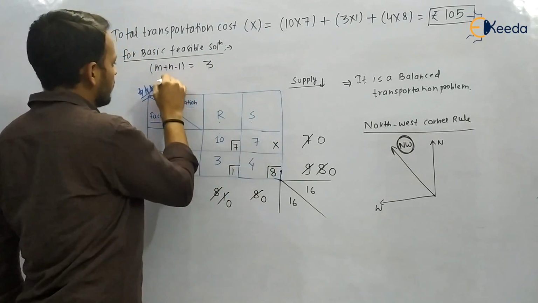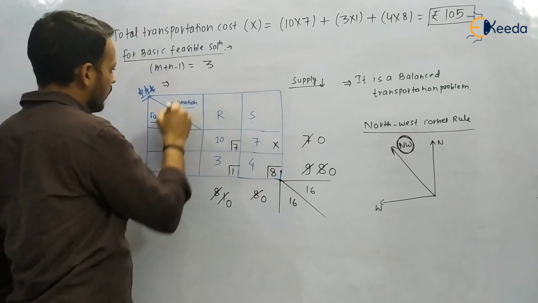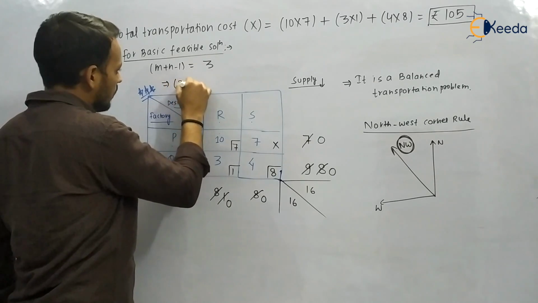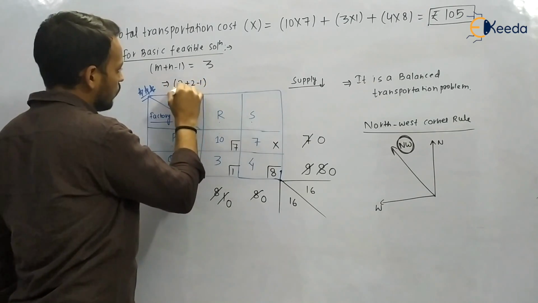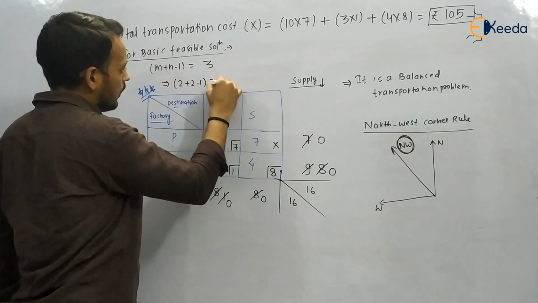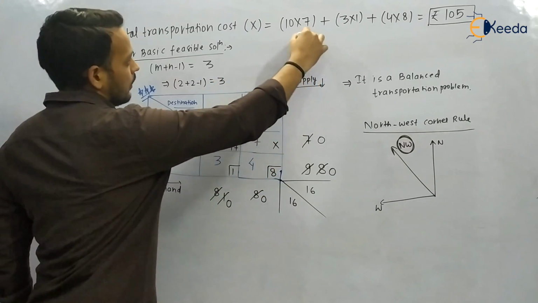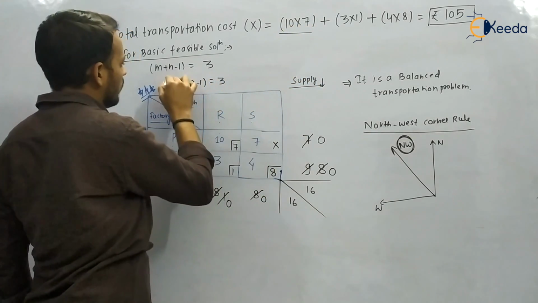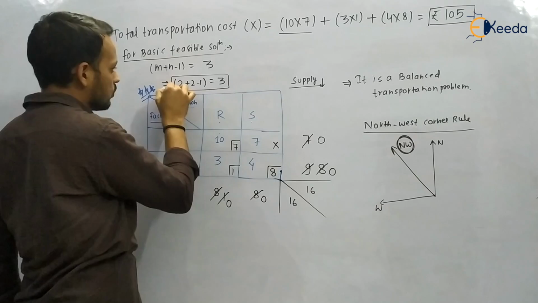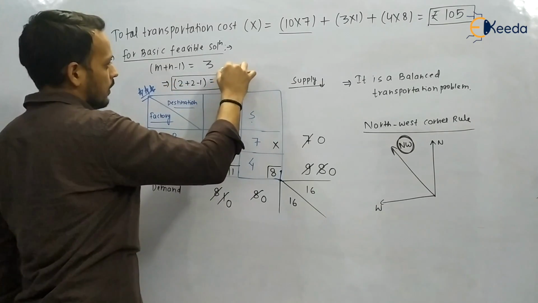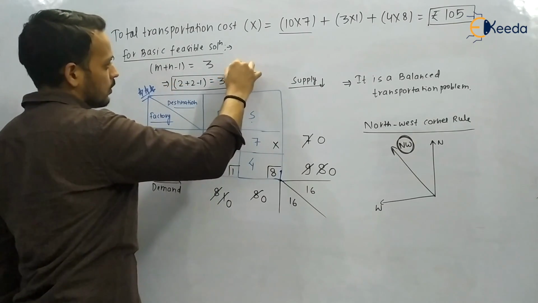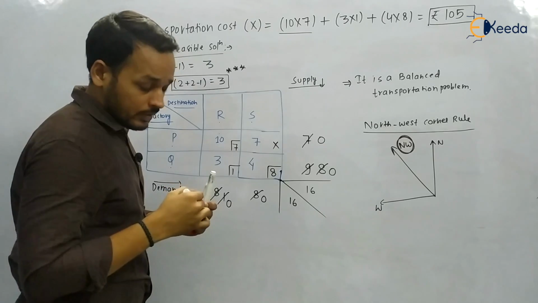M is the number of supply, 2, number of demand is 2, so 4 minus 1 is 3, so it is equal. So this solution is the basic feasible solution. You can see m plus n minus 1 equals the number of allocations. So the solution is a basic feasible solution, and the solution must be independent.